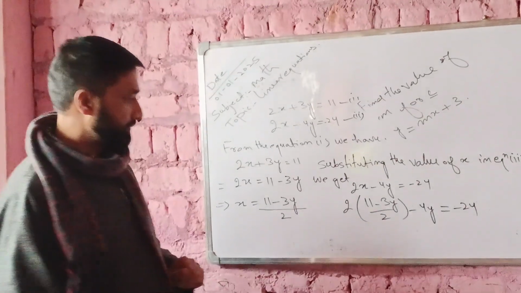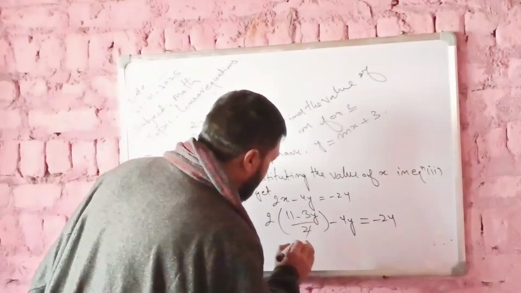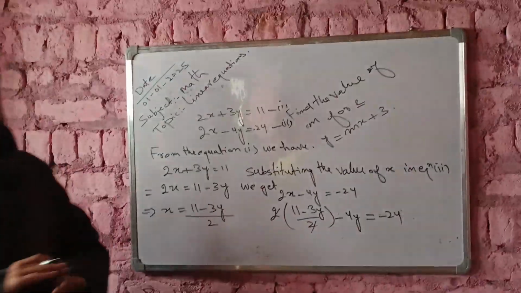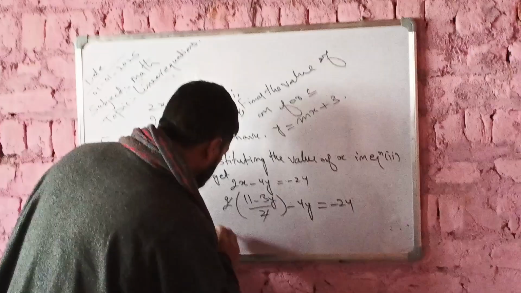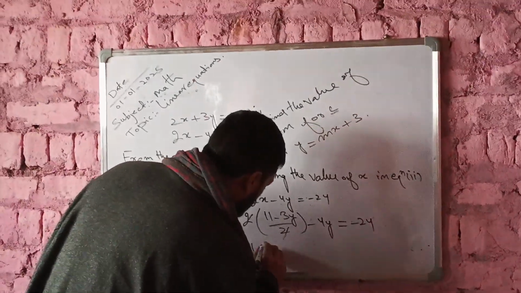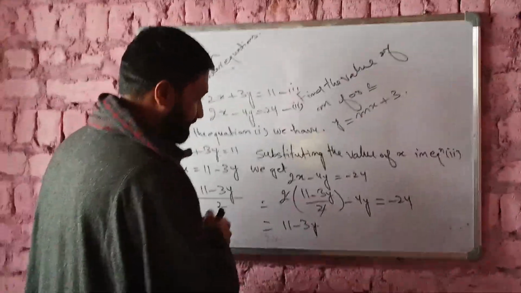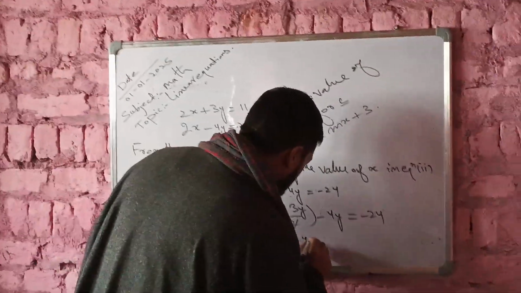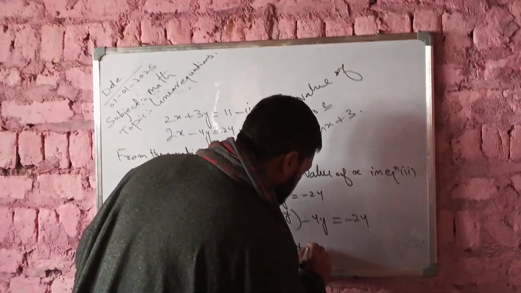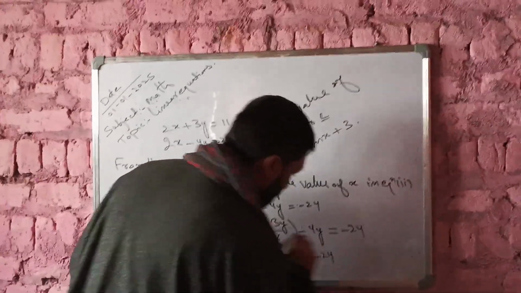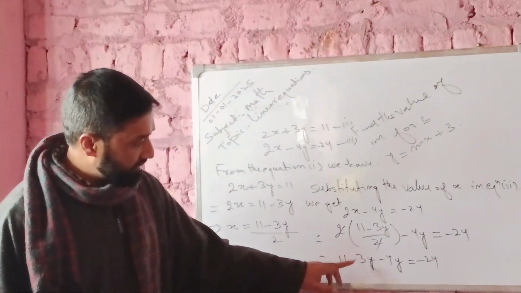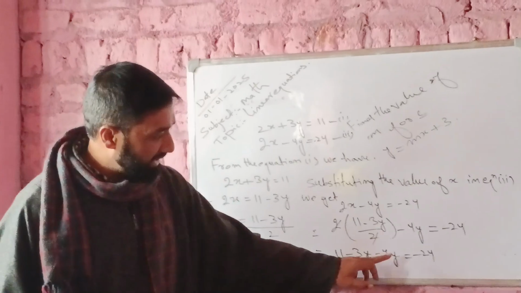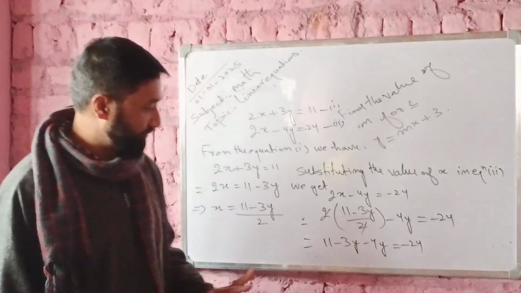Good. Now, 2 and 2 get cancelled. What remains there? 11 minus 3y minus 4y is equal to minus 24.